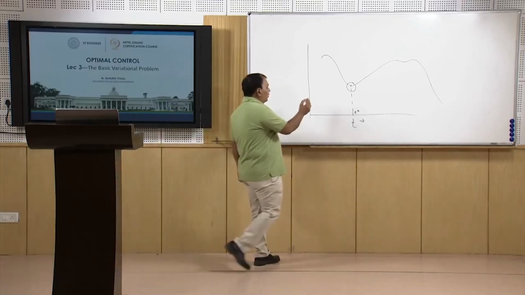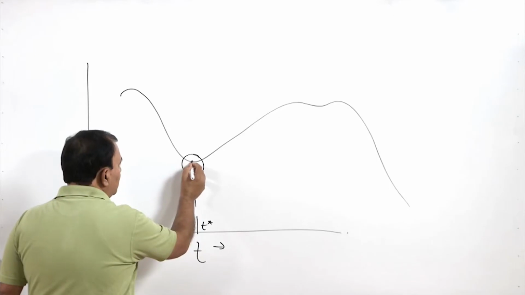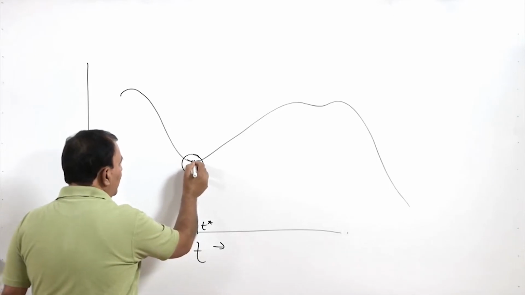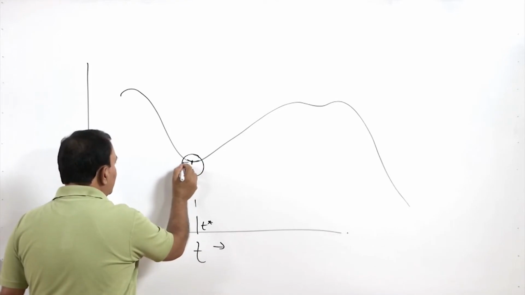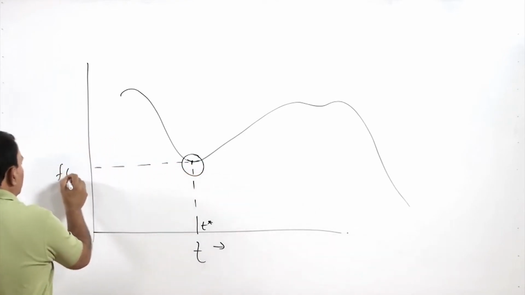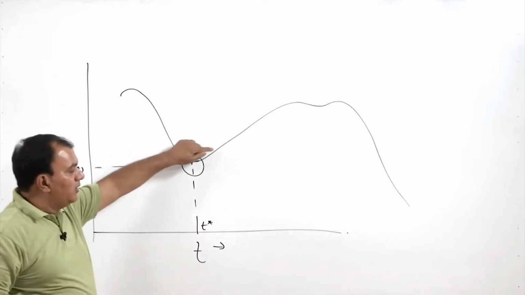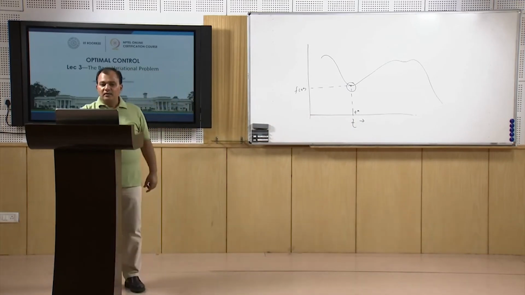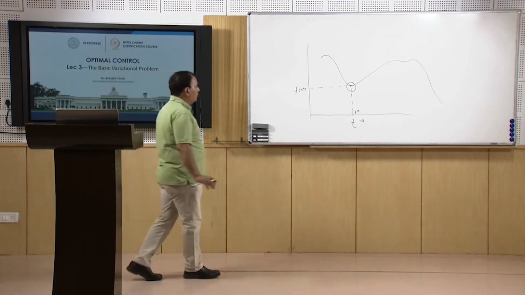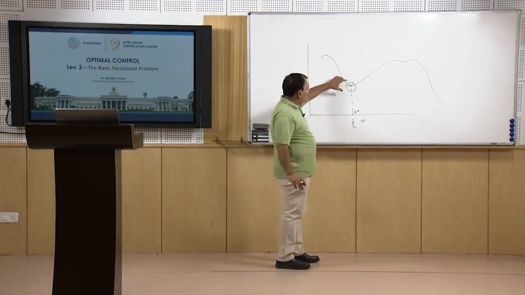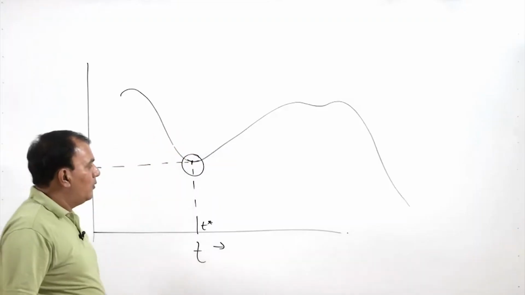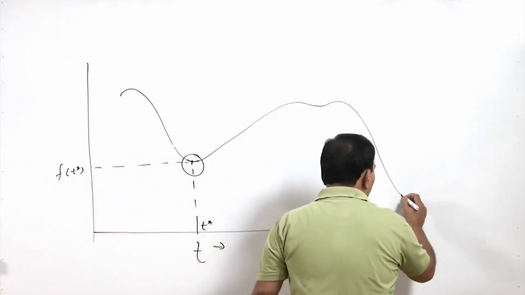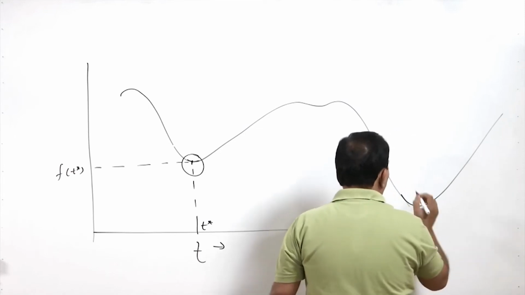So, this means all the points beyond this, either on this side or on this side, will have a value greater than f(t star). If f(t star) is subtracted from any value here, then we say my point is a local minima, local in the sense that I have selected a very bounded region, because if I go further maybe another point can appear here.